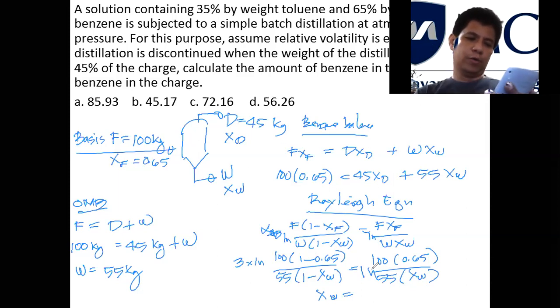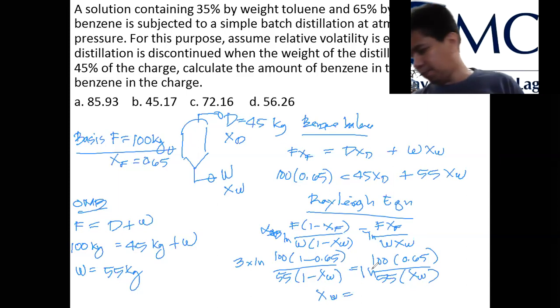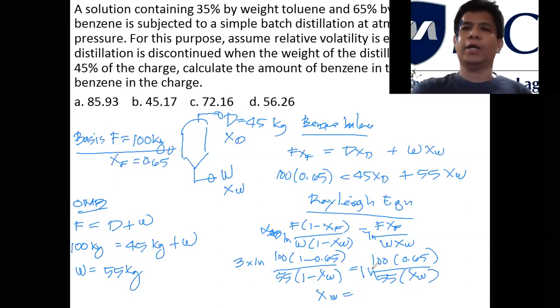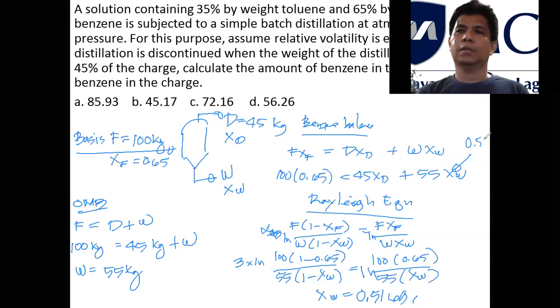So shift solve, point 1, para mas mabilis. So I'm getting 0.5169 for XW. With 0.5169, all you need to do is substitute this value right here and then try to solve XD.